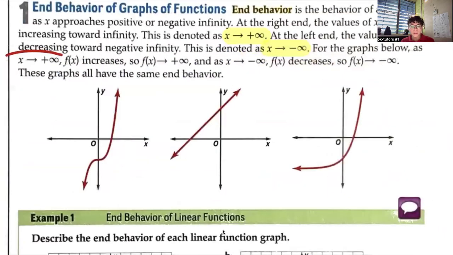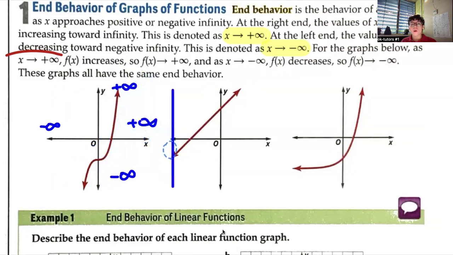Why? Look at this. If we draw a line, right? Let's do a blue line because there's already a red one. If you're going to get the end behavior, for example, when x tends to positive infinity, that's the right side, okay? This is positive infinity, negative infinity. So when x tends to positive infinity, y also tends to positive infinity.